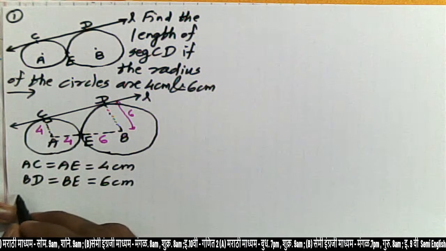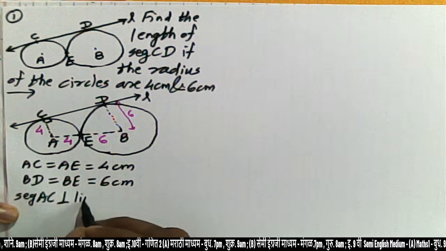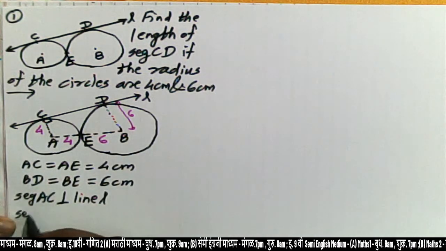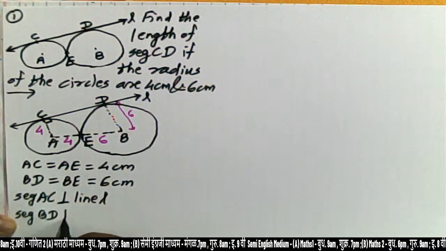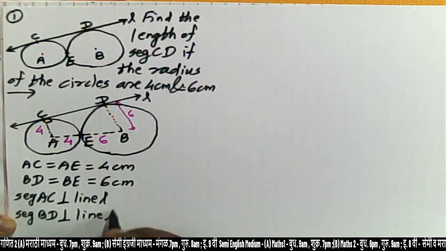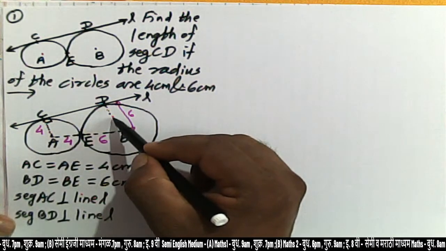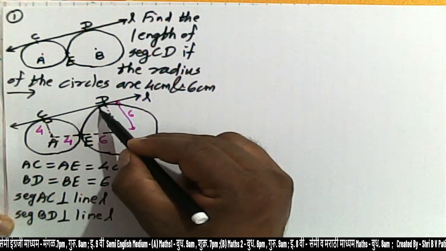Segment AC is perpendicular to line L. Another radius BD is also perpendicular to line L, because this is a radius and this is a tangent and both are perpendicular.